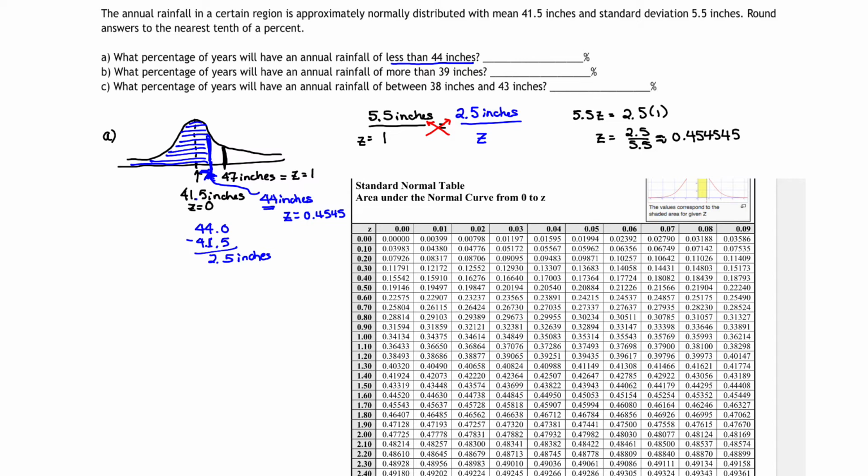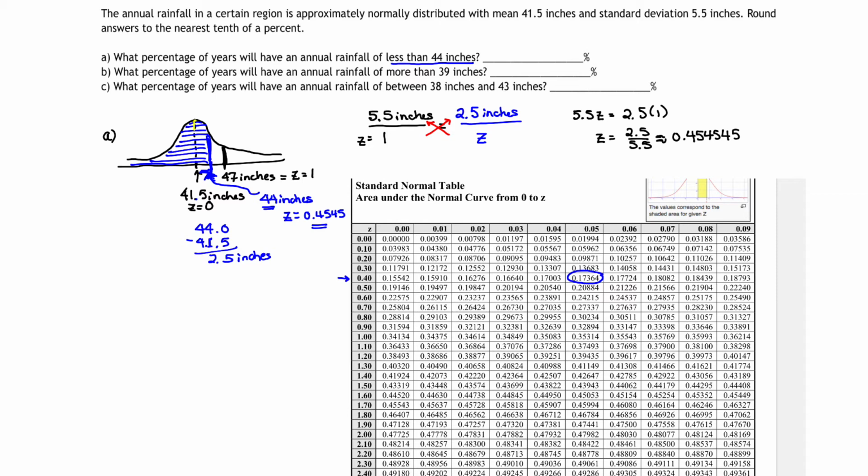Z is 0.4545. All right, 0.45. So I'm going to get to my chart and I'm going to look for Z being 0.45. So I'm here in this row, 0.4. Moving over to the right gives me 0.45, and that gives me 0.17364.